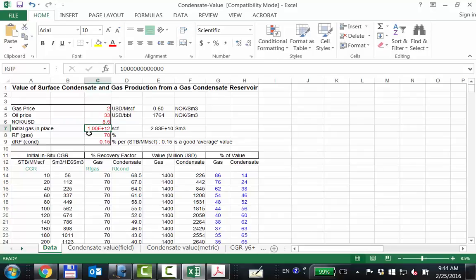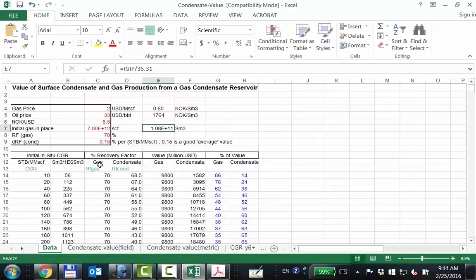If you pick Sleipner, I think it was around 7 times 10 to the 12th. I don't know for sure, it's probably changed a little bit over time. But you can put whatever number you like here, and then this is just if you think in terms of crowns or standard cubic meters. I think this is now correct.